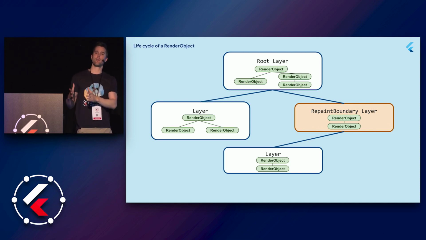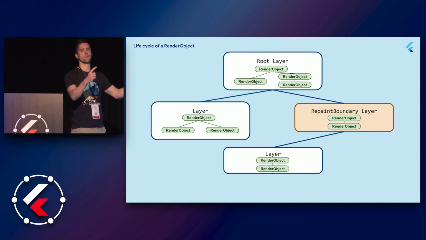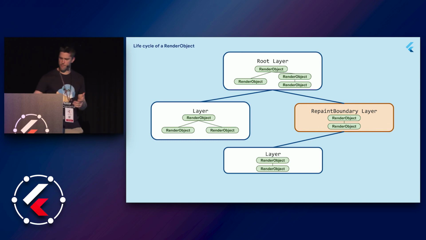So the repaint boundary widget exists so that we can add a layer to the layer tree without having to go through all the trouble of dipping into the RenderObject layer ourselves. So we used a repaint boundary somewhere in our code, and we now have a new layer in the layer tree. And so that means that if this RenderObject needs to repaint, it will only propagate to this other one as well, and it's not going to contaminate the whole rest of the tree and cause other things to repaint as well.